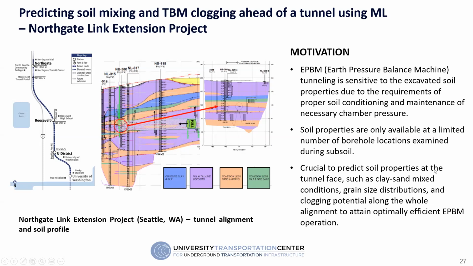As I said, EPBM tunneling is sensitive to the soil that is encountered ahead. This is the stratigraphy, the soil profile, and we have mainly cohesive clays, till and till-like materials, cohesionless sand and gravel, and cohesionless silt and gravel.